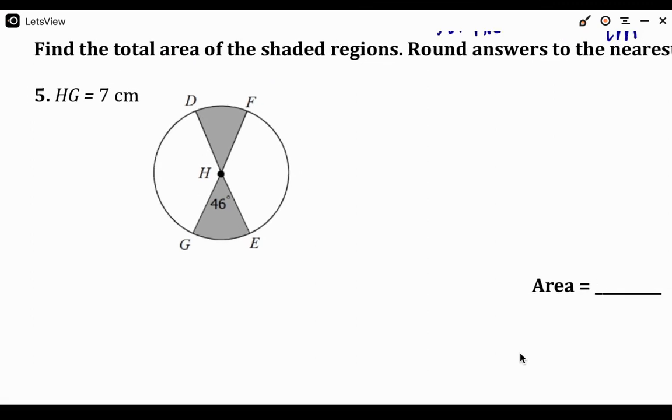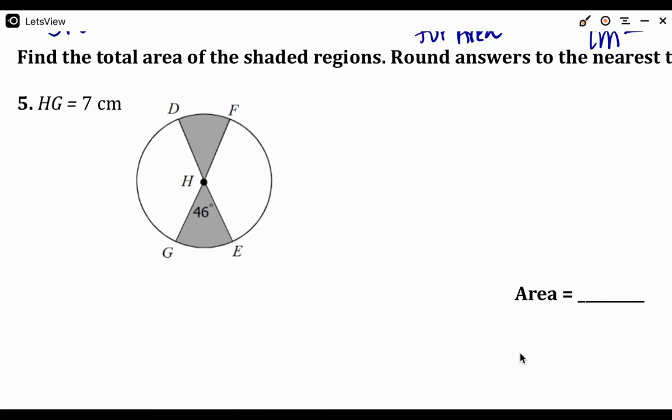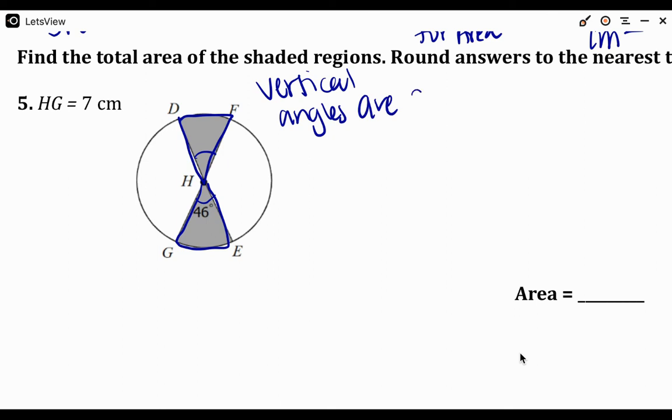Number 5, we are given two shaded regions and we want to find the area of both of these sectors together. Remember, we have vertical angles. Vertical angles are congruent, so this is also 46. So your x is equal to 46 plus 46, so you get 92.